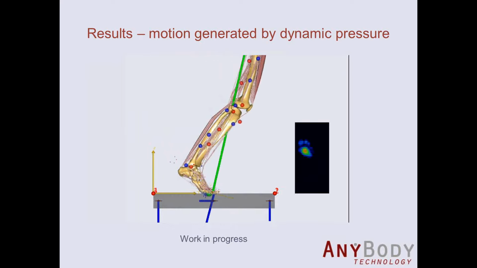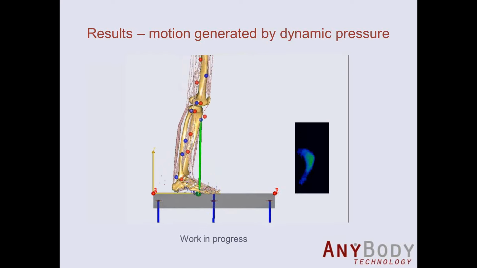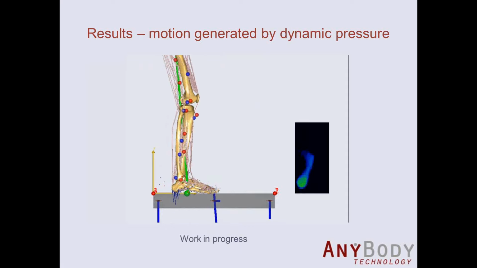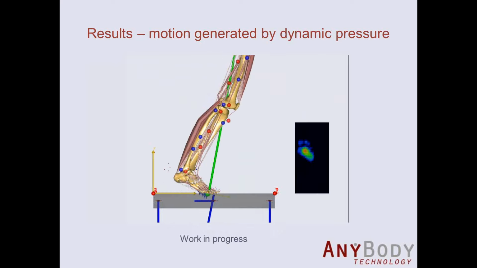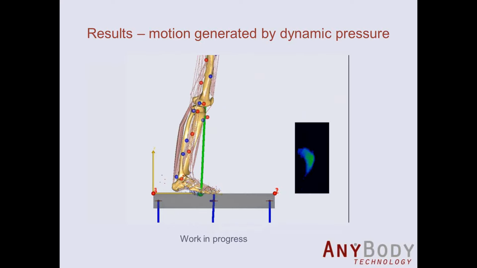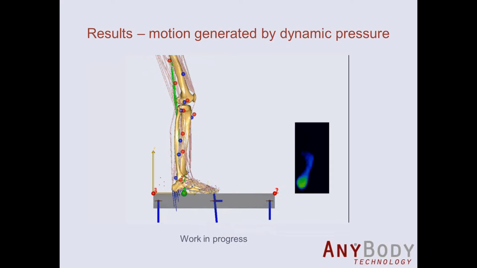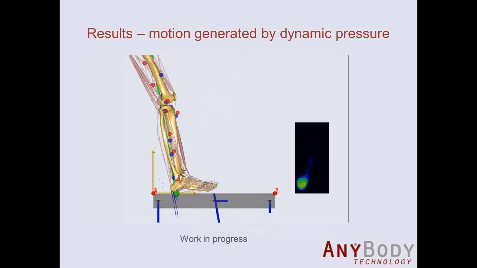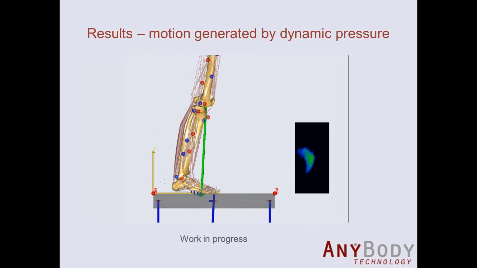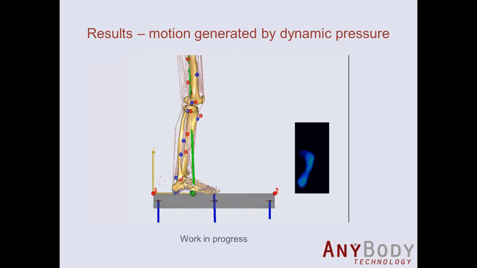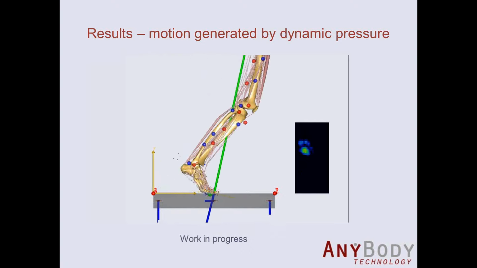We are already able to drive the leg and the foot using just the pressure to generate the motion. So it looks already pretty natural, and it's pretty close to the motion that we would have with the markers. So again, it's still work in progress, so it's not finished. We still have to do more validation and more experiments on it.